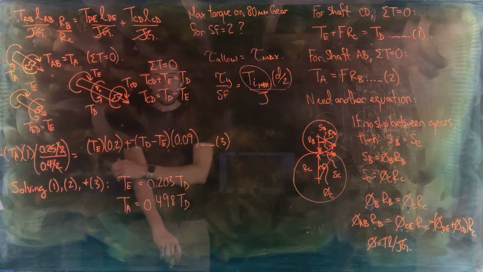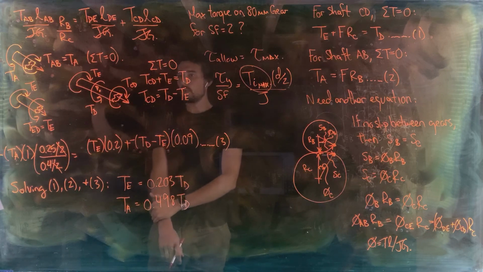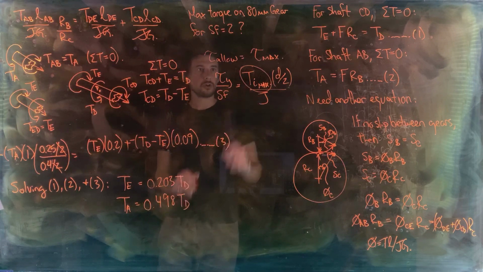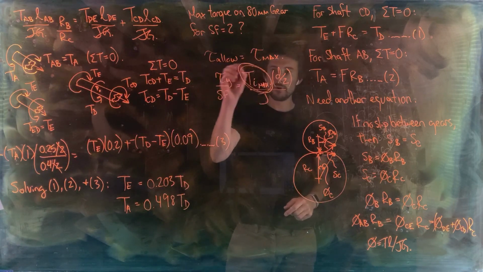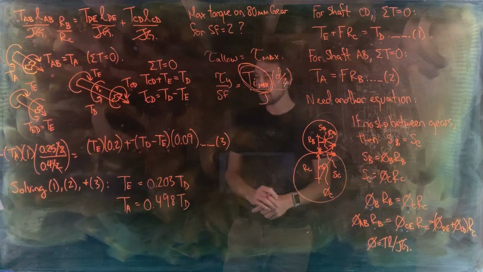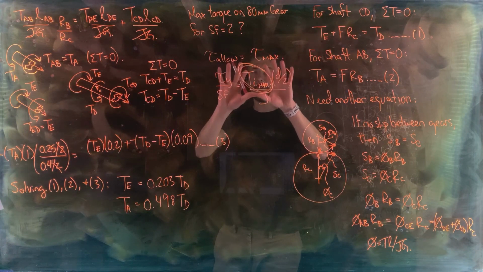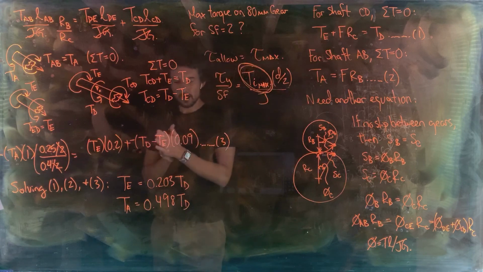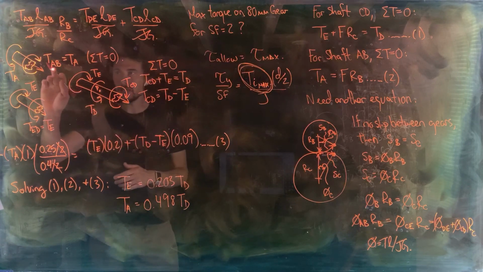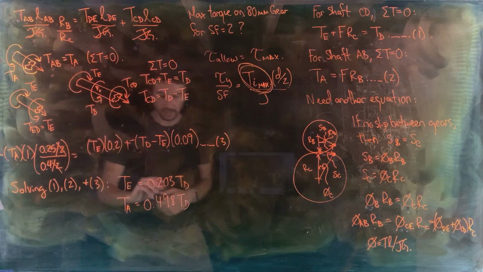All right, so what we wanted was actually our internal torques, because going back to the problem, what we're looking for is our maximum internal torque. This is all to find the maximum internal torque. So what are our internal torques? We've got TAB equals TA.